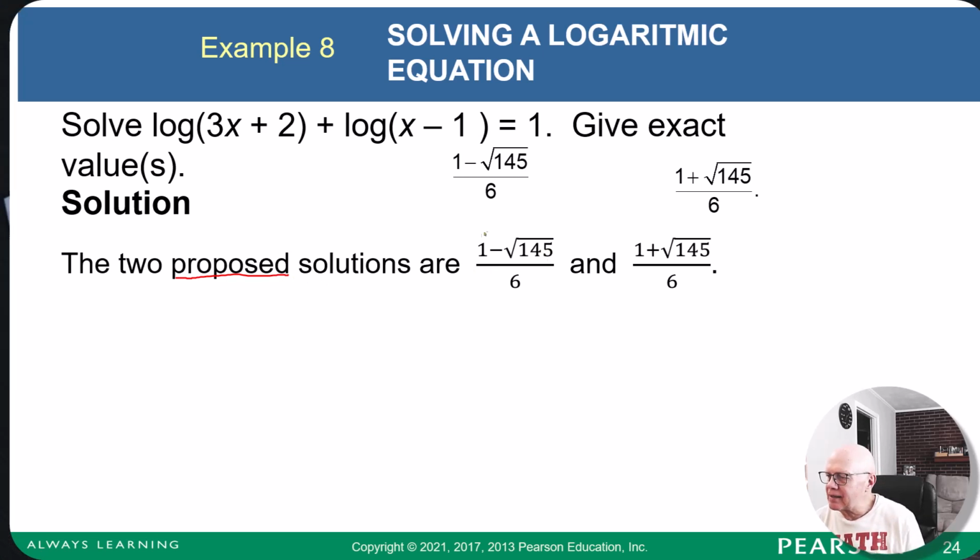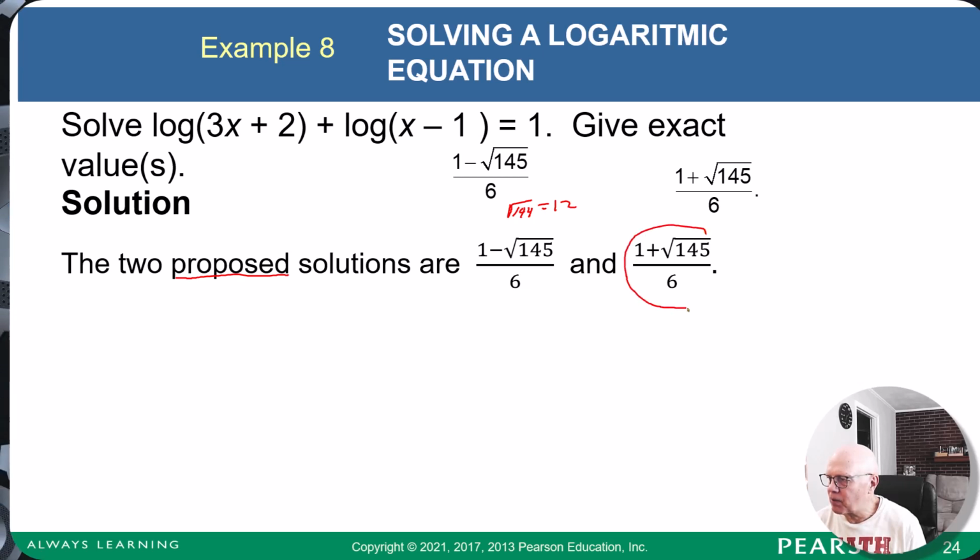Now if you look at this first one, 1 minus the square root of 145, well, the square root of 144, for example, is 12. So on the top we'd have something similar to 1 minus 12. That's negative. Divide by 6, it's still negative. So you can't use that for x.